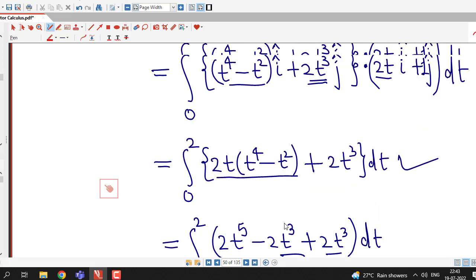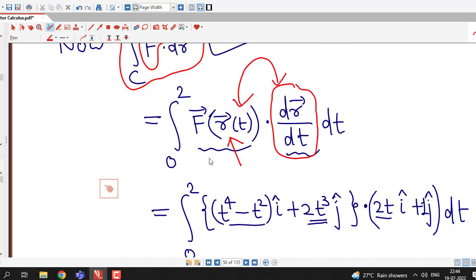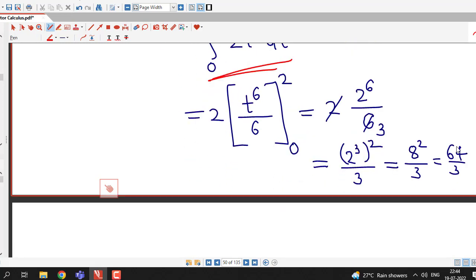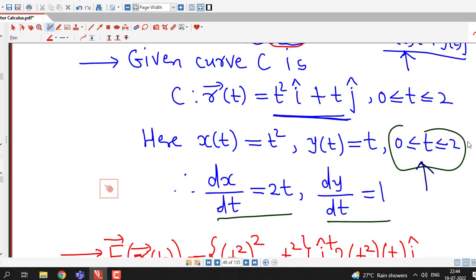So ultimately we are converting the line integral, or integral along a curve, into the definite real integral of a single variable, say t here, and we can easily evaluate this type of line integrals. Here the answer of the given line integral is 64 divided by 3.